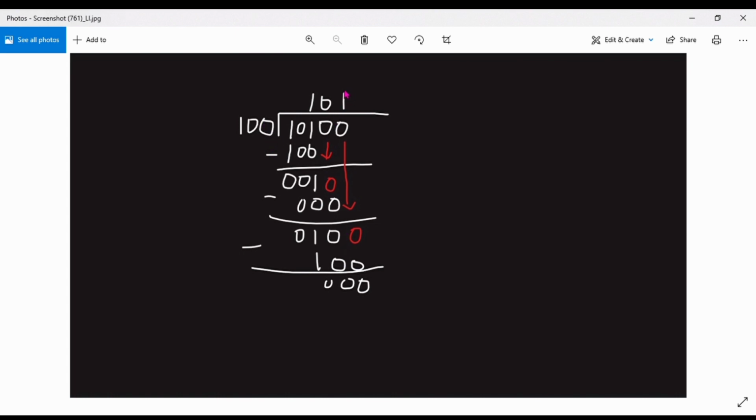So we're going to put 1 and then multiply it to 100 again. And then we have 100, subtract, and then the final is 000. So ang answer natin is 101.